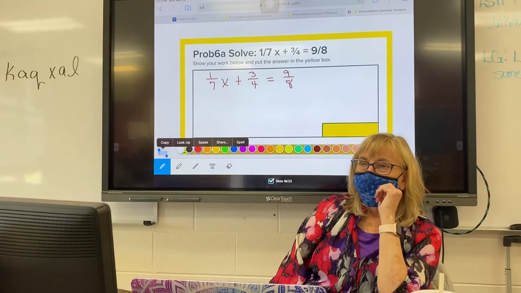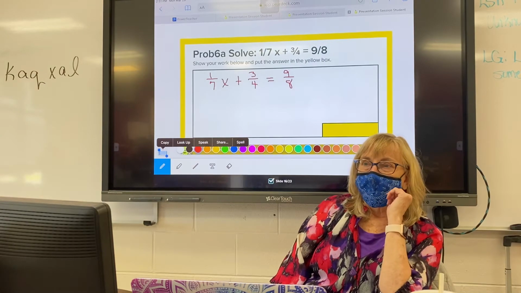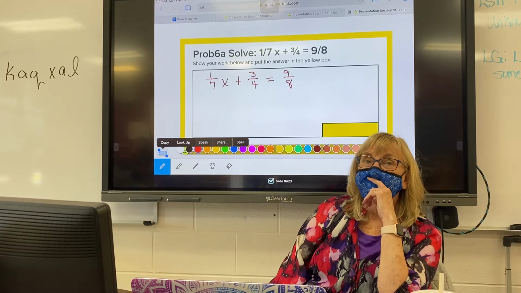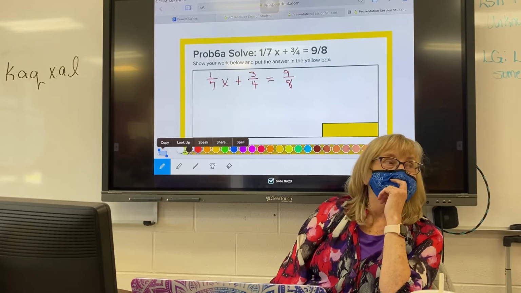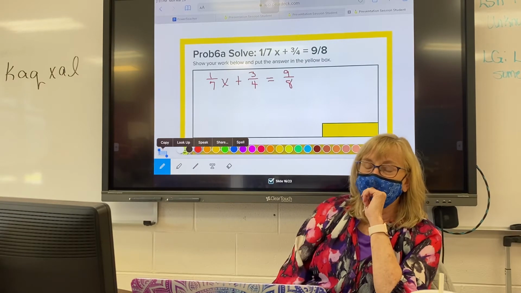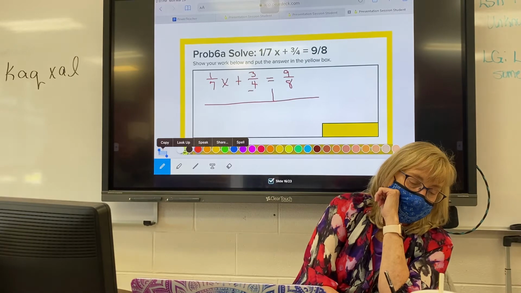Any subtraction? Any parentheses? Do we have the variables on one side and the constants on the other? Okay, so what needs to move? All right, but we're talking fractions.